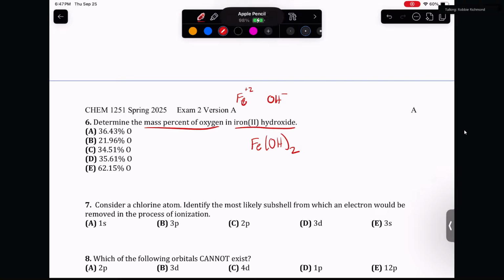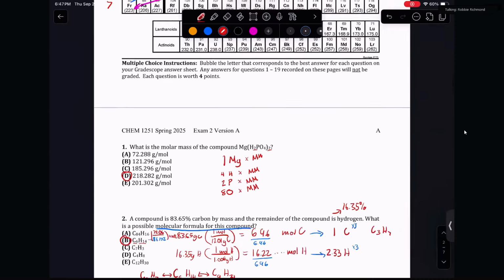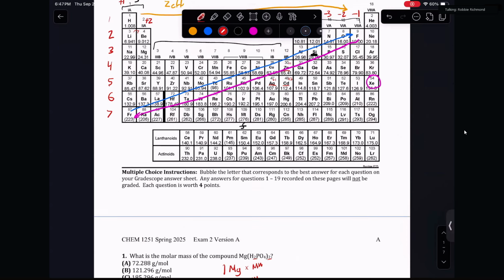So I would just get the entire molecular weight of iron 2 hydroxide. That would be, let's see, iron 55.85 plus 32 plus 2.016.